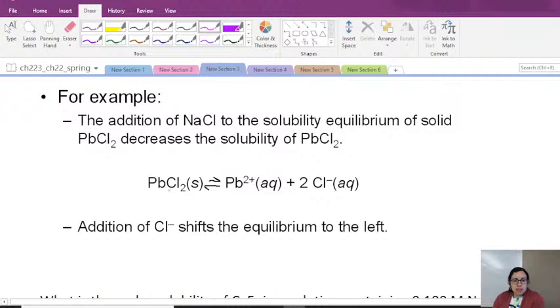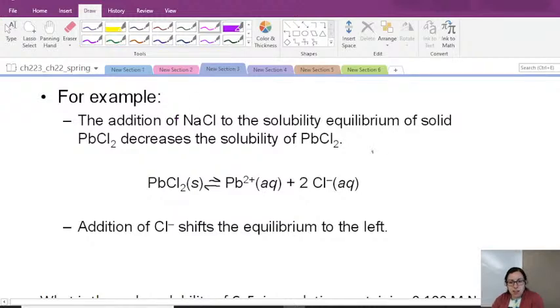If we're looking at this lead chloride dissociation, shown here, what happens when we add sodium chloride? Are we adding reactants or products? Look again. Your product here is chloride from your dissociation.